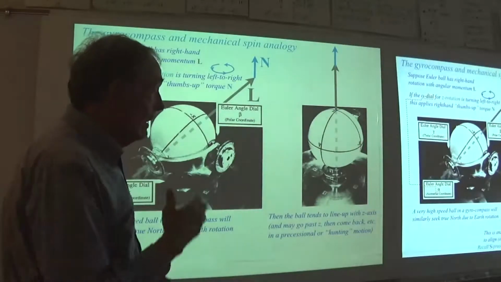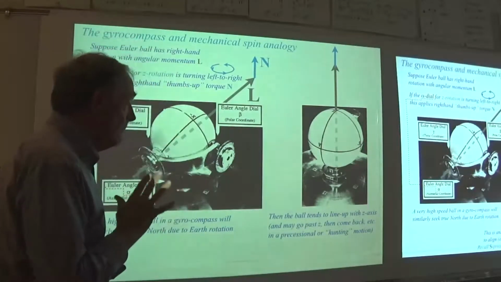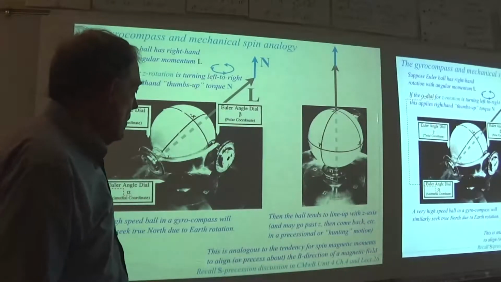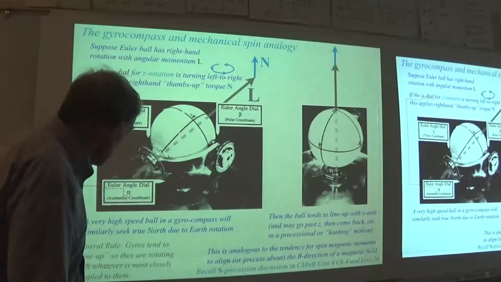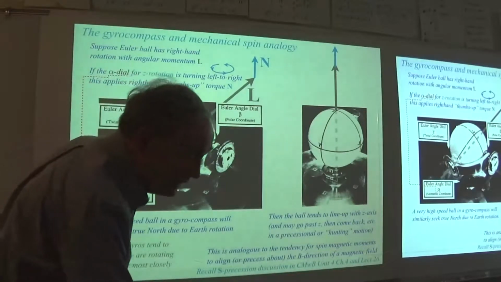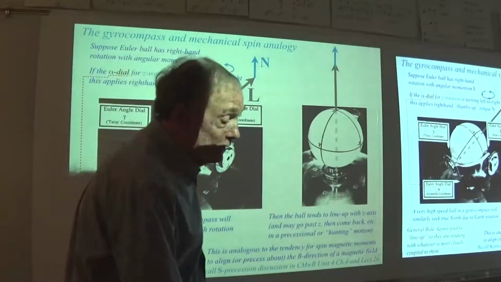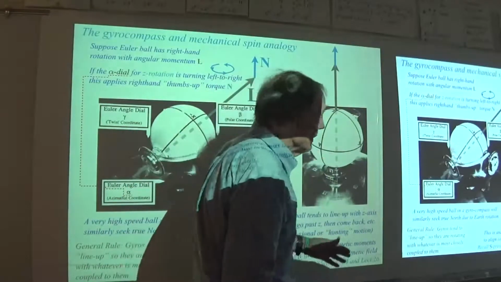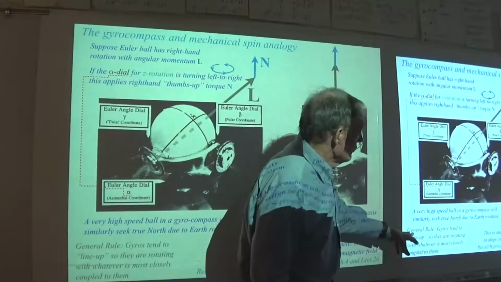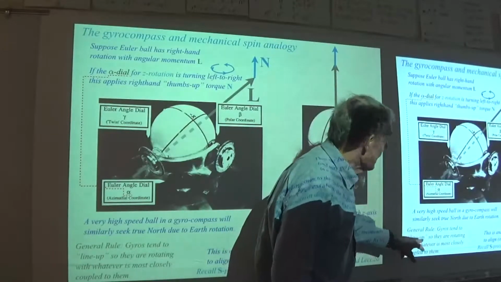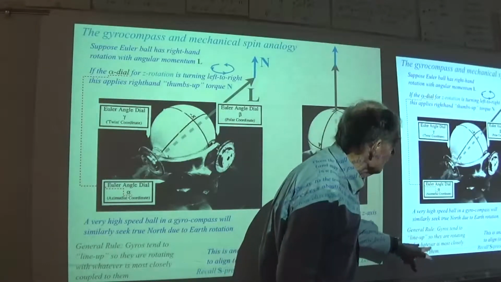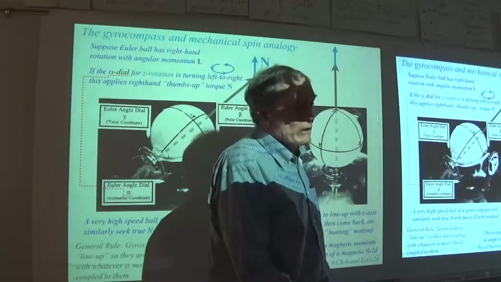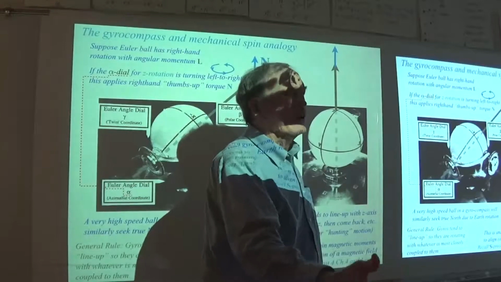The analogy is very deep, a very deep thing. So, as I say, this is, I guess, the takeaway message that we're going to poke about as we go into the modern physics of waves doing things with each other. The general rule is gyros tend to line up so they are rotating with whatever is most closely coupled to them. That's the easy way to see which way the gyro is going to go.